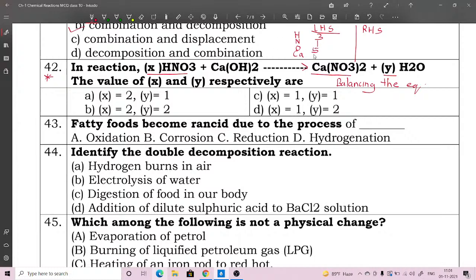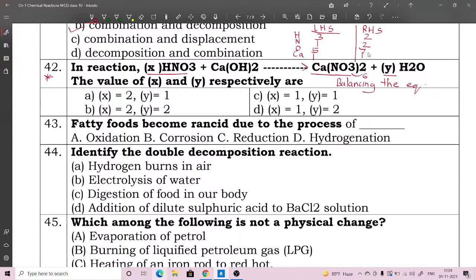Calcium is 1. Let us check on the right hand side. We have hydrogen over here 2, nitrogen over here 2, oxygen is 1, 3 to the 6, so 7, and calcium 1.